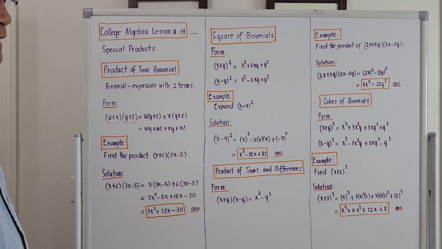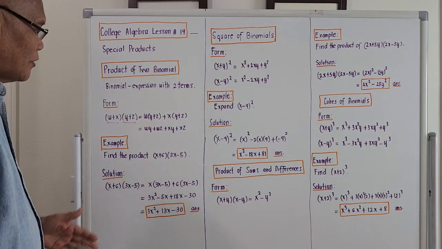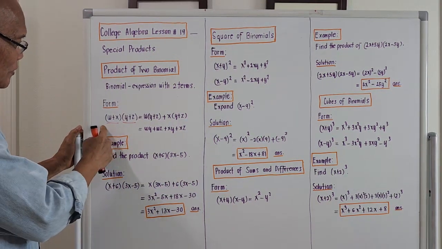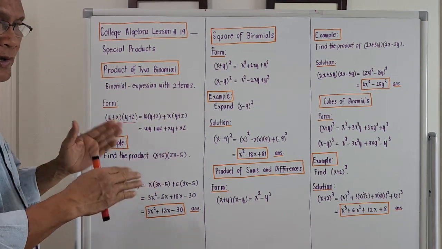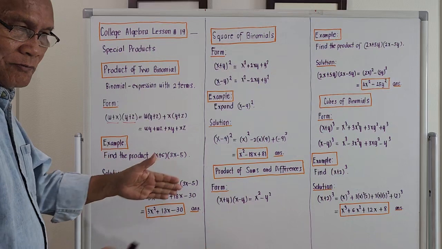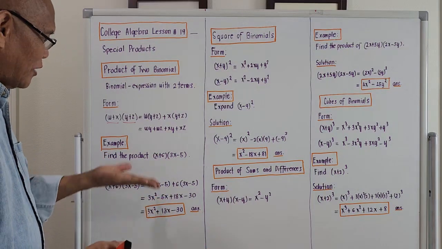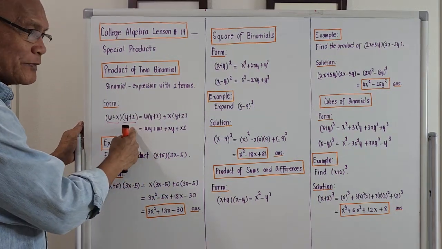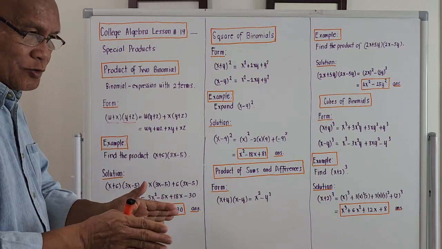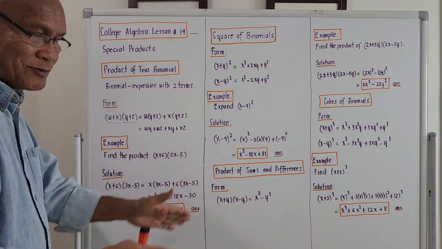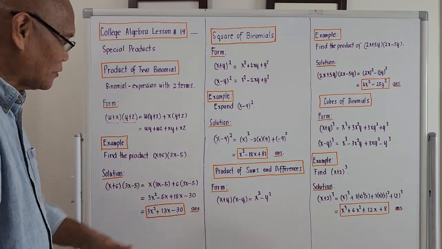This is actually a very easy thing, because to find the product of this, we will just use the so-called distributive law, right? So if we try to expand this one, this is just a matter of discussion now because we've been doing this so many times already in our simplification.